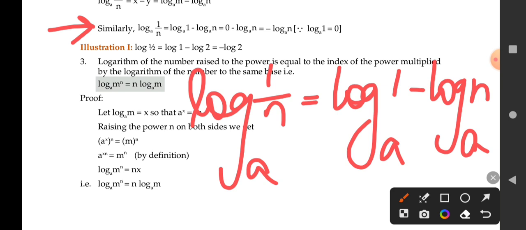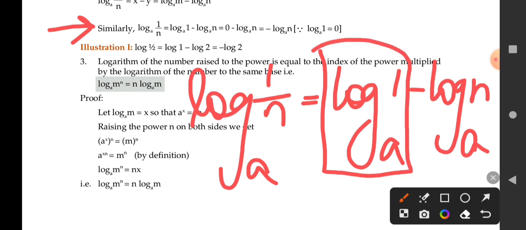So log 1, what did we learn about log 1? Okay, we have learned that log 1 is equals to 0. So what did we get? We just got minus log n to the base a. Okay.